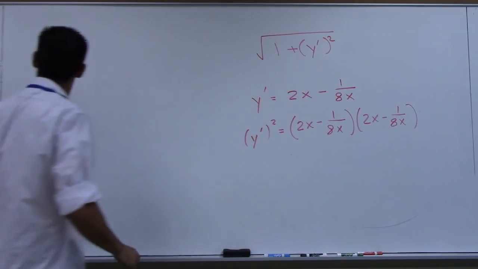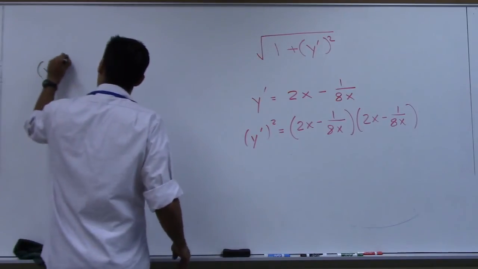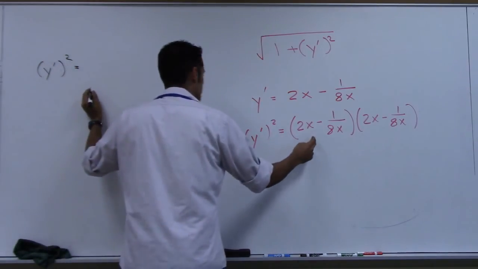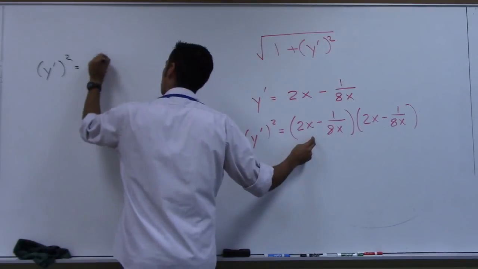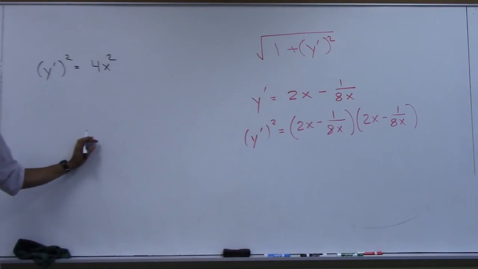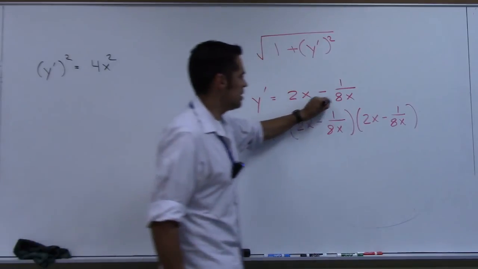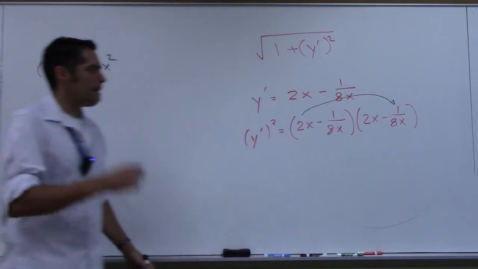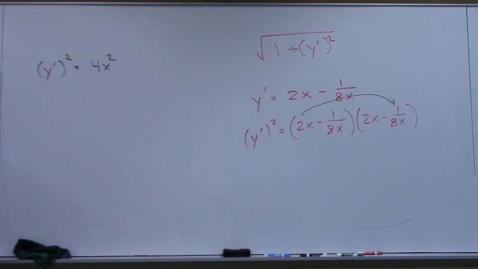What is that? 4x squared. What do you get in the middle? What's this times this? It's 2x over 8x, which is 1/4, and then subtracting it.